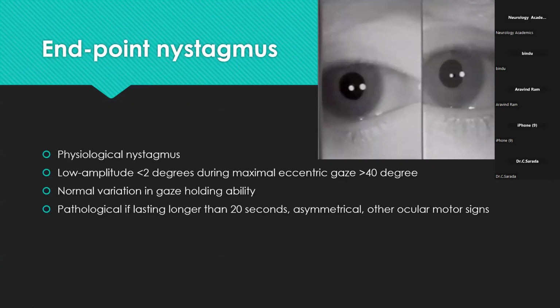Coming to endpoint nystagmus, which is a physiological nystagmus. It is of low amplitude, less than 2 degrees, and it is usually occurring at maximal eccentric gaze, that is more than 40 degrees of eccentric gaze. It is a normal variation in gaze holding ability, and it is similar to gaze-evoked nystagmus.